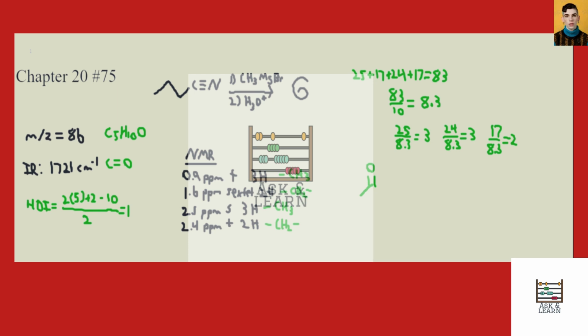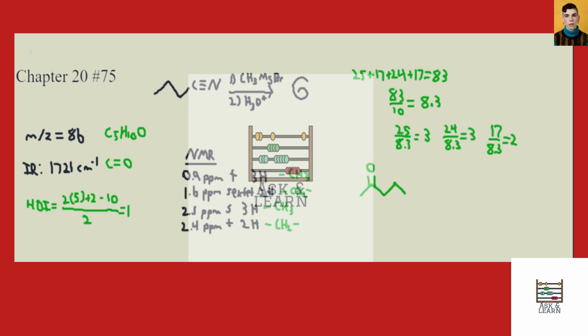Then when we look at the splitting of our last signal, the 2.4 ppm triplet that integrates to 2, that is going to be a methylene group next to another methylene group. So we have 2 methylenes right here, and then we'll put our other methyl group right here.